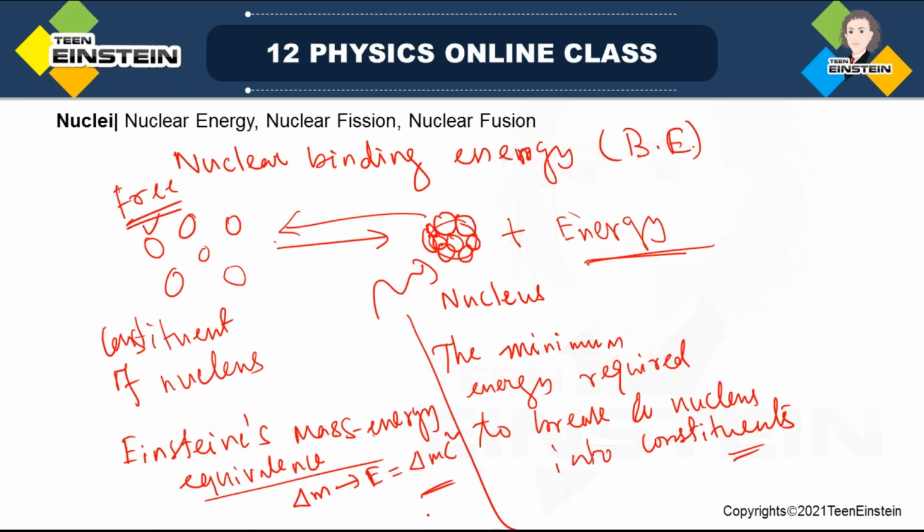So if some mass is disappearing, that mass gets converted into a certain amount of energy, and that amount of energy you will get by using delta m times c squared. This delta m is called the mass defect.